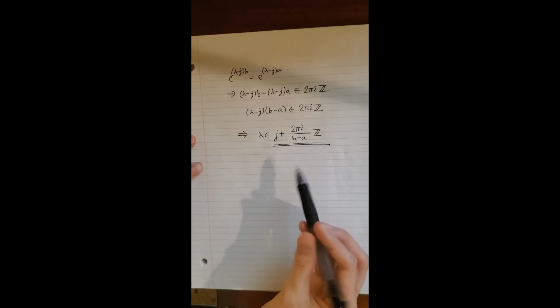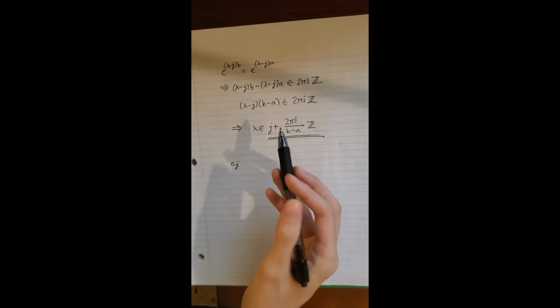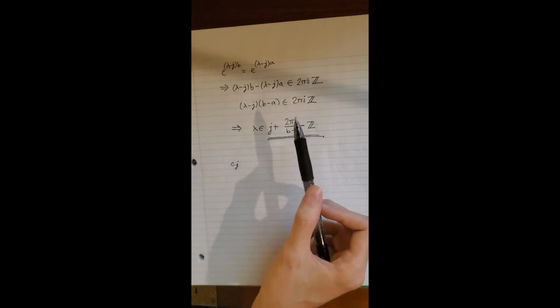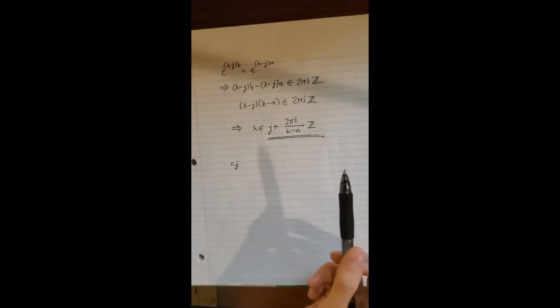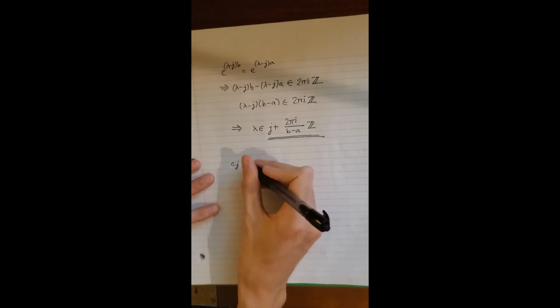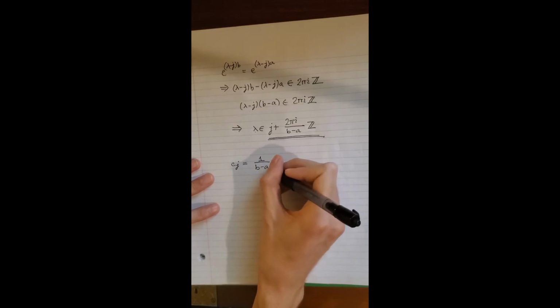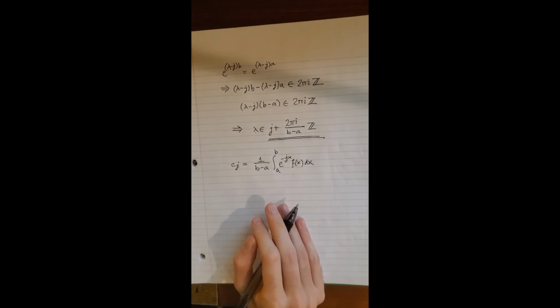So what we find is that Cj, so basically this contour and this function satisfy the properties that we want. So now we have an equation for Cj. And when you do the algebra and cancel out the term that's 0, it looks like this. So you can already see it's looking like a Fourier transform.